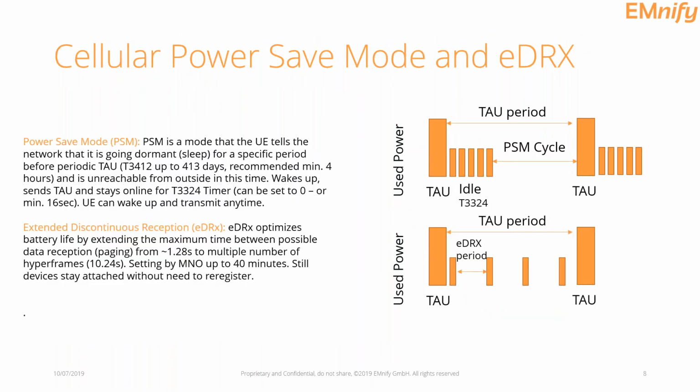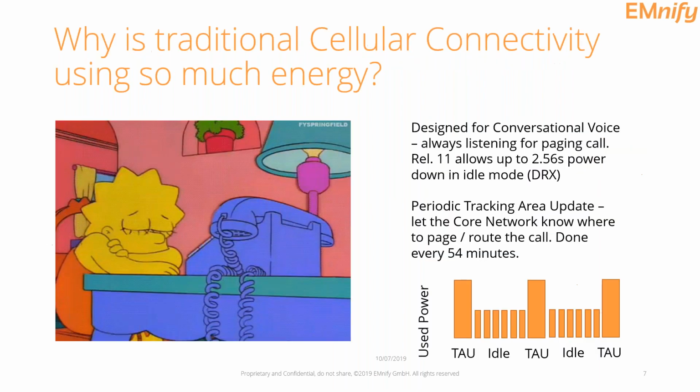So what happened in 2016 was that new features were standardized for IoT, or cellular IoT connectivity. Two main ones that are relevant here are the power save mode and the extended discontinuous reception mode. This extended discontinuous reception is basically a longer blinking of Lisa.